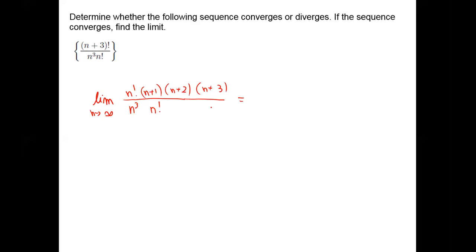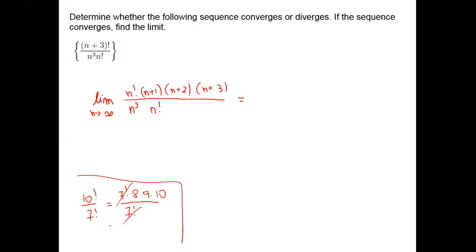It's the same like, let's say, 10 factorial over 7 factorial. 7 is less, and 10 factorial I can rewrite as 7 factorial times 8, times 9, times 10. One number more, another number more, and then end up at 10.